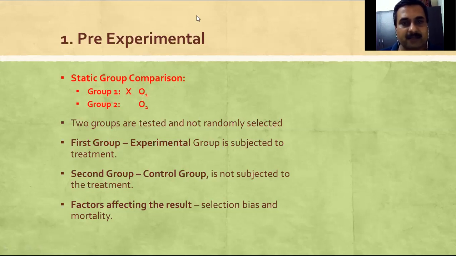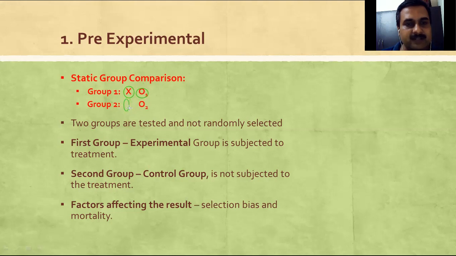So take for example, here we have already taken this. We have given exposure, but we haven't taken any observation before this exposure is given, and we are concerned about taking the observation after exposure is being given. And the second group, no exposure is given.